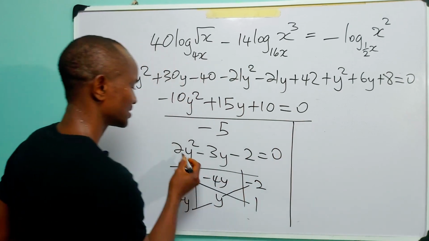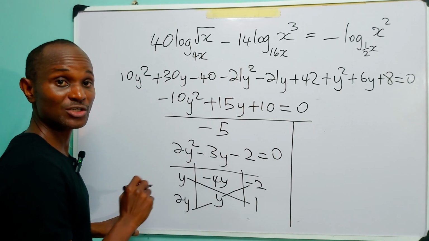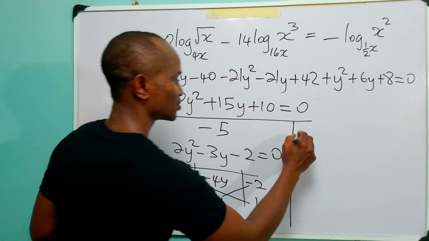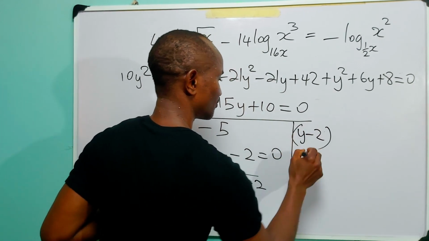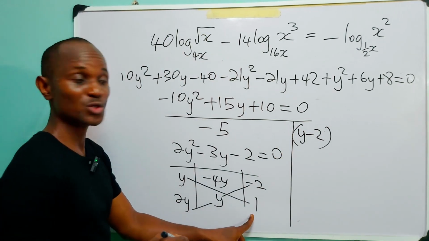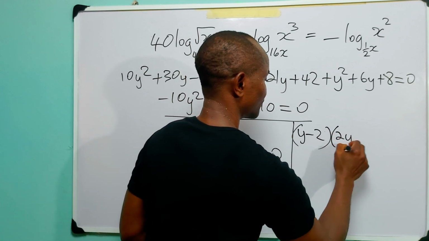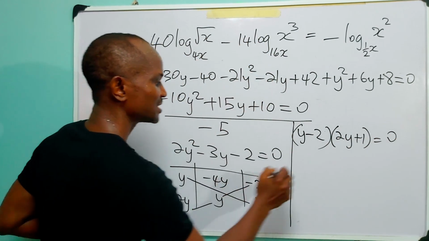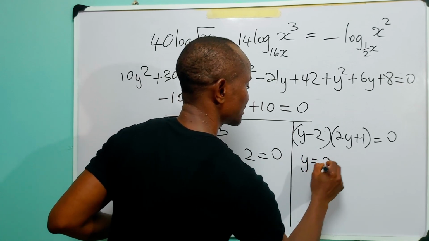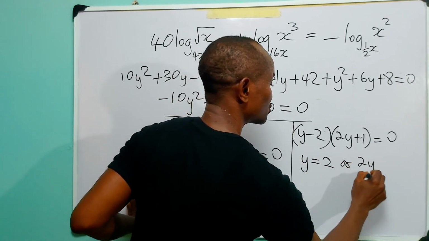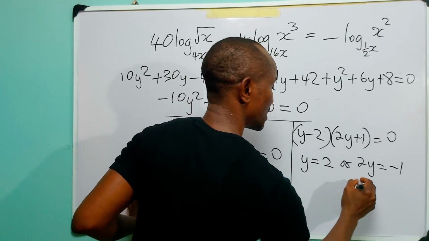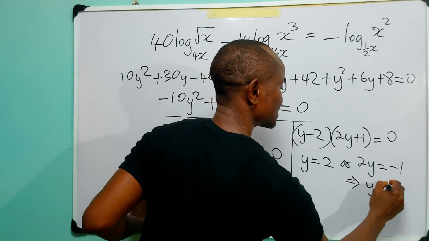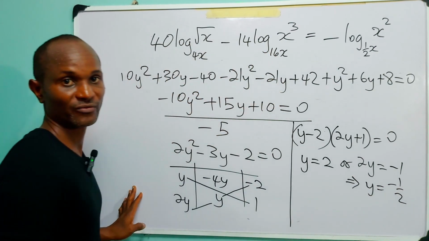So that simply tells us that the factors of this quadratic equation are y minus 2 and 2y plus 1. And of course, this is equal to 0. Now, from this equation, we have that y is equal to 2, or 2y is equal to minus 1, and hence y is equal to minus half.